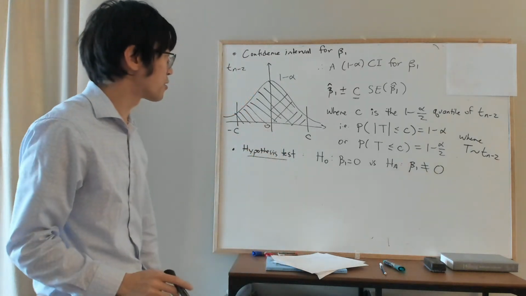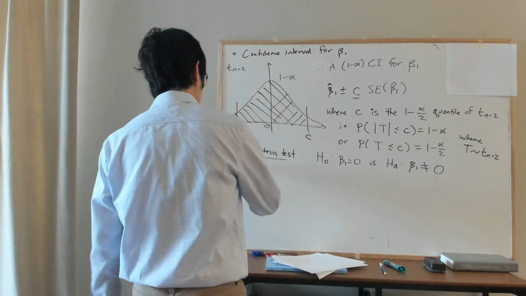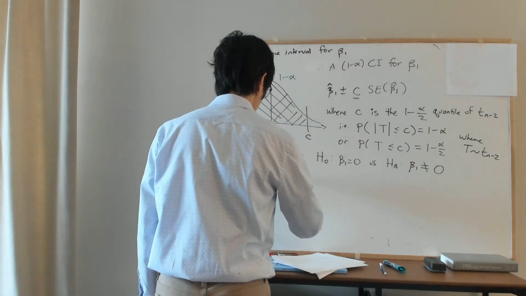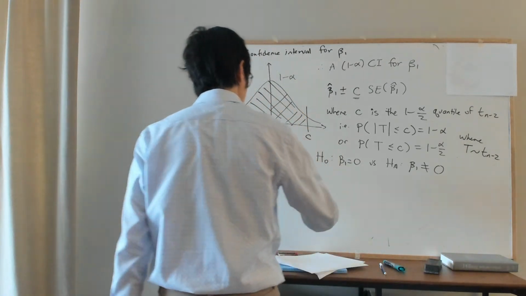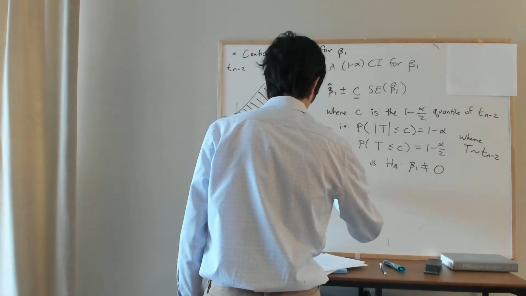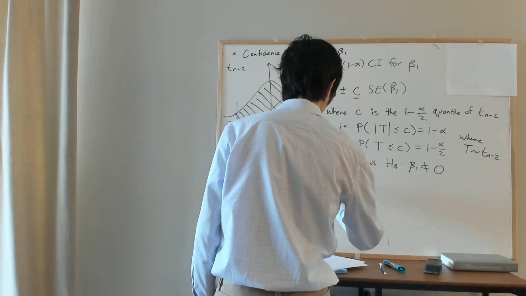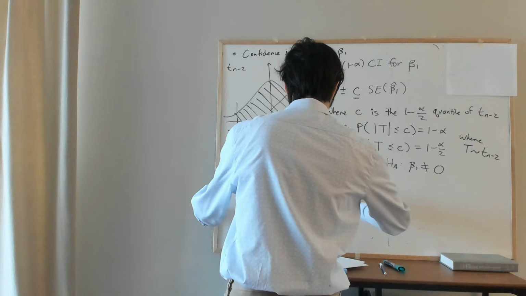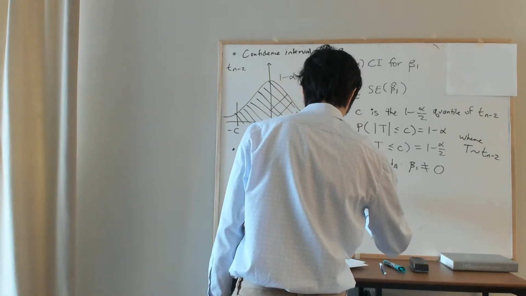Then let's walk through the steps and the reasoning of the hypothesis test. We start like this. If the null hypothesis is true, then what distribution do we have? Remember this was the t distribution, beta 1 hat minus beta 1 over the standard error of beta 1 hat.